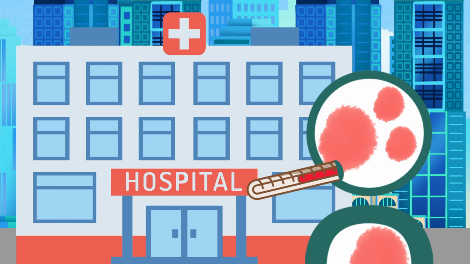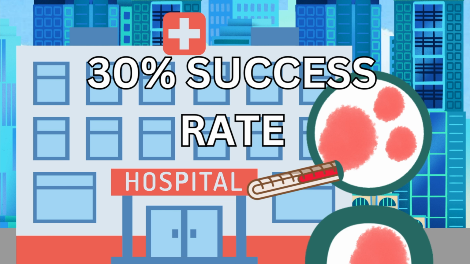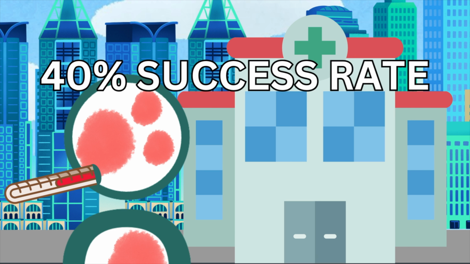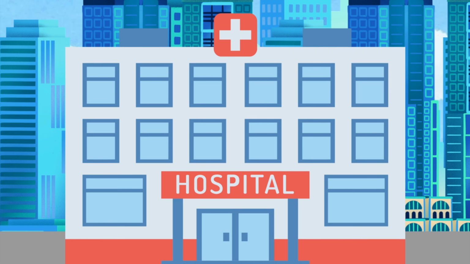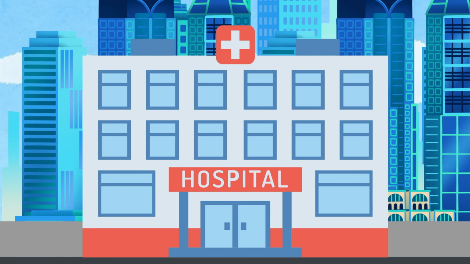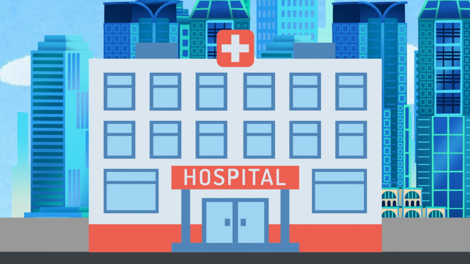For critically ill patients, Hospital A reports a 30% success rate, while Hospital B reports a 40% success rate. So, why does Hospital A lose in both cases, yet seem better overall?